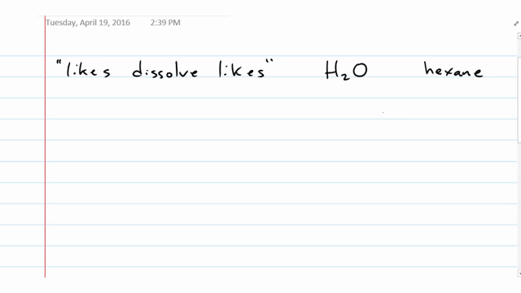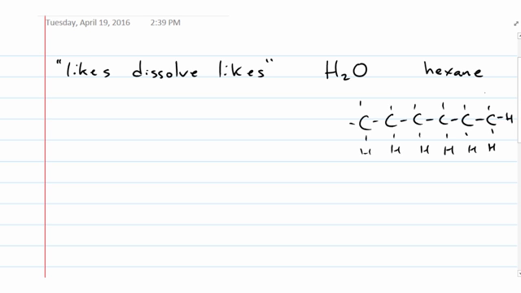Hexane is going to have how many carbons? 6. And what else is going to be in this compound? Hydrogen. And so we simply surround it with hydrogens all the way around here. So hexane is going to look something like this.